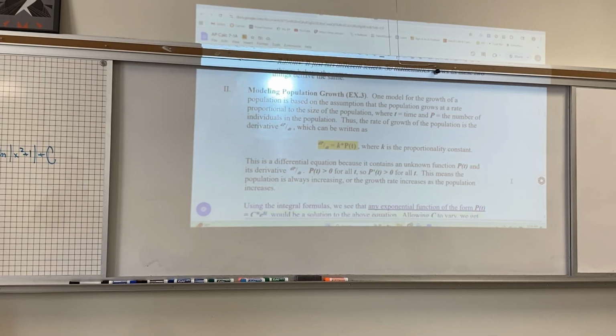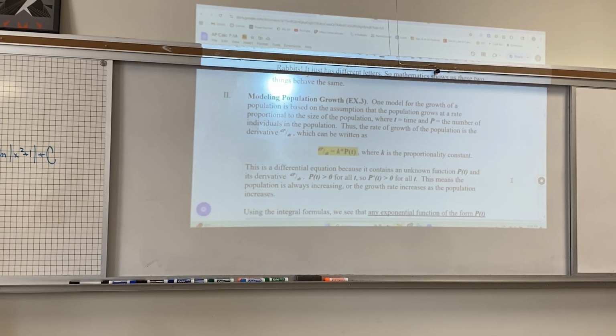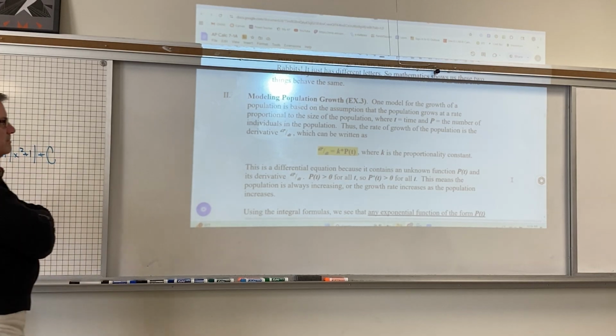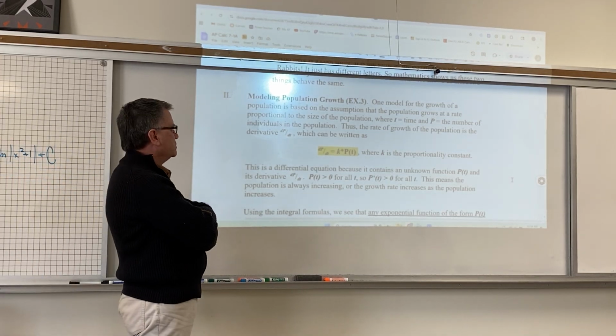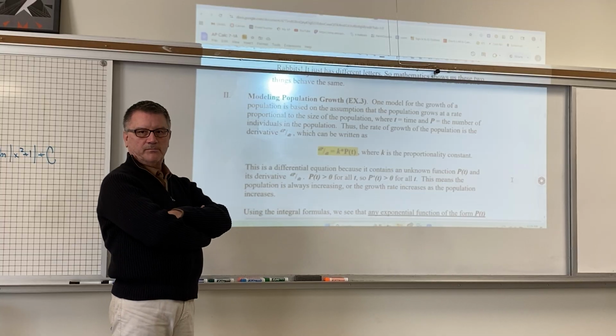What else can we model? We can model the growth of a population. That's probably based on the assumption that the population grows at a rate proportional to the size of the population.